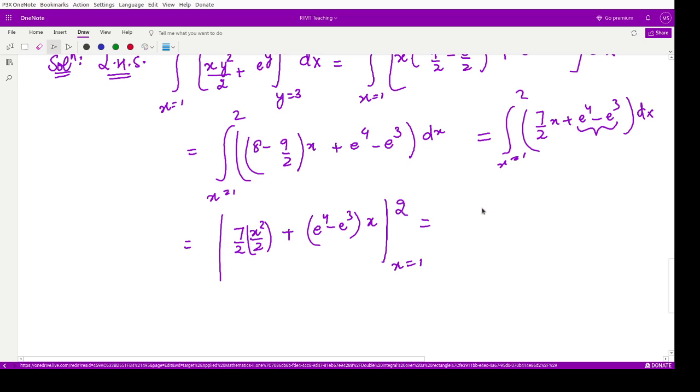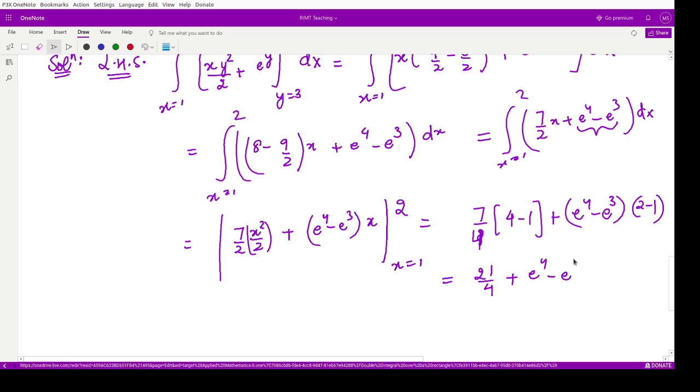So this simply becomes 7 by 4 into 2 square, that is 4, minus 1 square, that is 1, plus e to the power 4 minus e to the power 3 into 2 minus 1. So we can solve this. What is this? 21 by 4 plus e to the power 4 minus e to the power 3. So this is our left hand side.